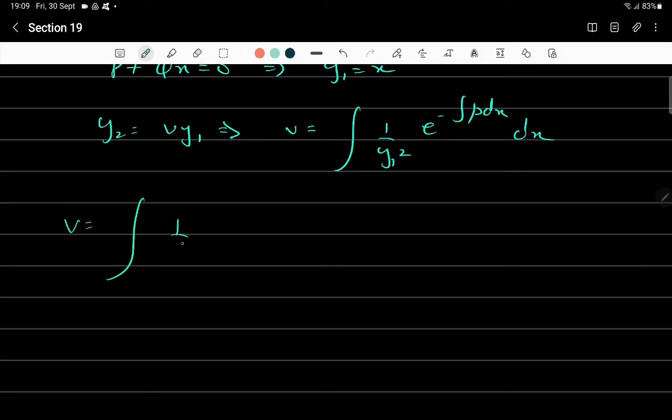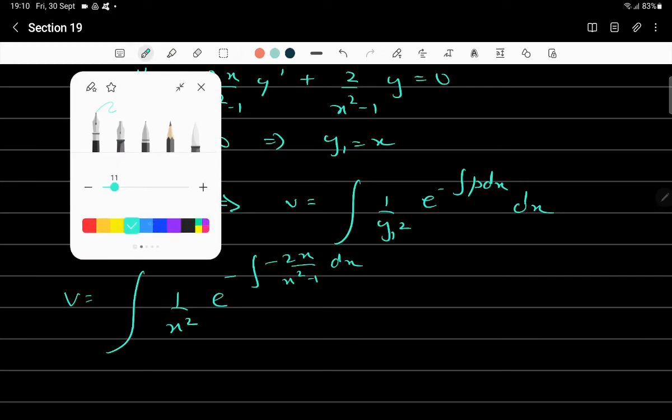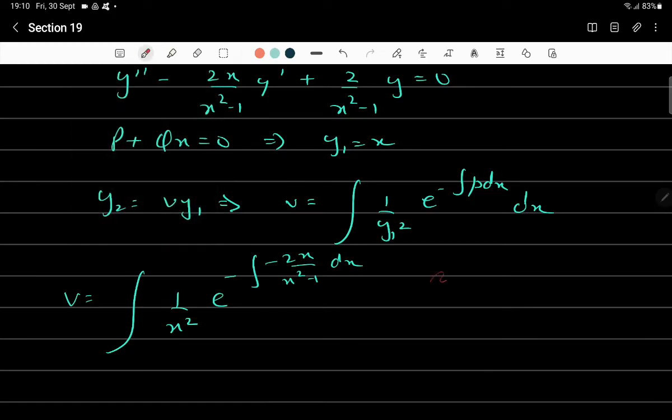V is equal to integration 1 by x square e raised to the power minus, and my p is minus 2x by x square minus 1, dx. Now to integrate it, I can simply take x square minus 1 is equal to t, that gives me 2x dx is equal to dt.